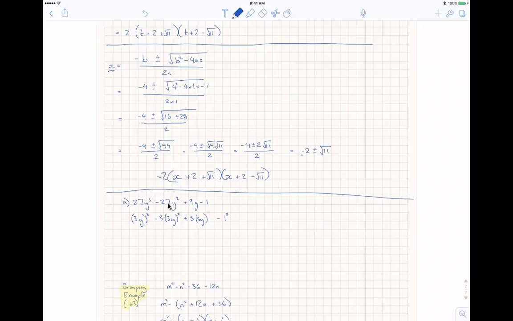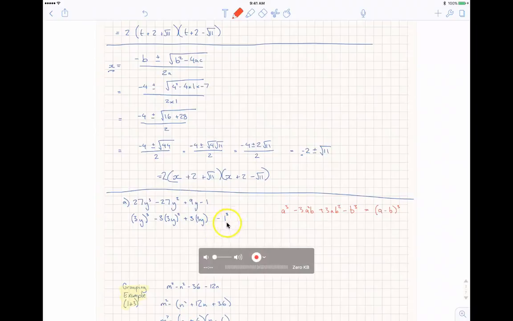So if we have a look at our perfect cube rules, it's shaping up to look like the second one, which is a cubed minus 3a squared b plus 3ab squared minus b cubed. Our b is in fact just a 1.